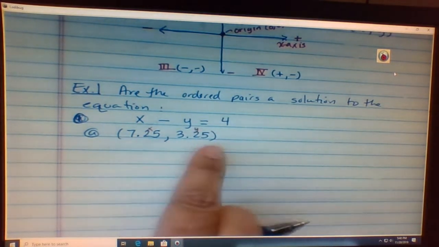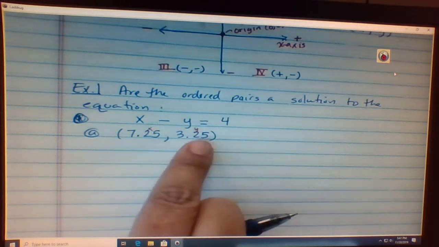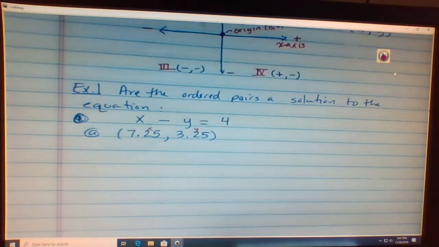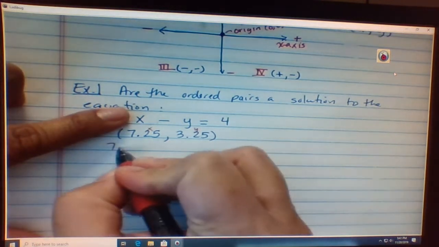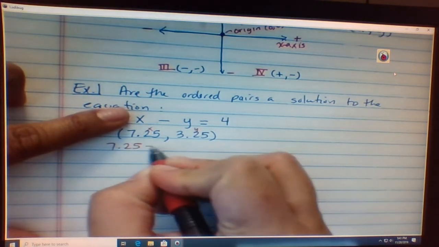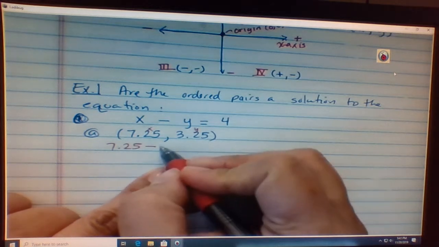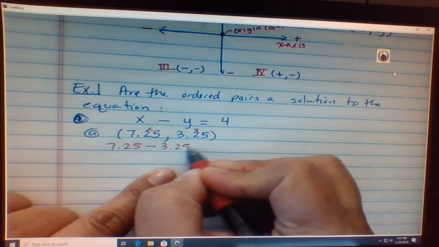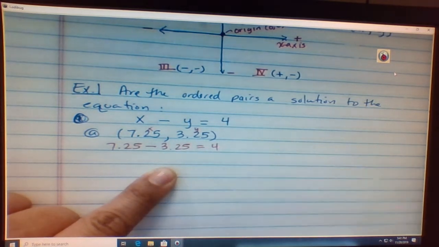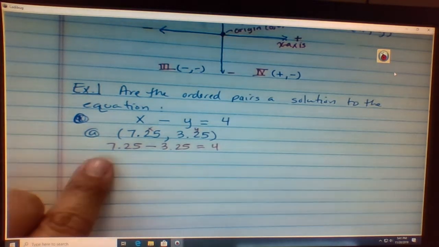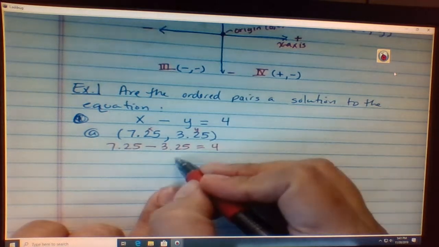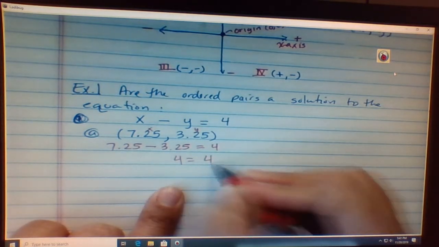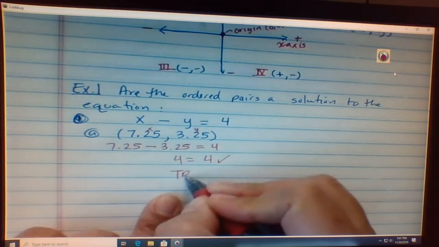Now, they want to know, is this an actual answer for that? Well, what I have to do is replace this X with 7.25 minus your Y, which is 3.25, and see if it equals 4. Is 7.25 minus 3.25 equal to 4? This is 4. So, yes, this is true.